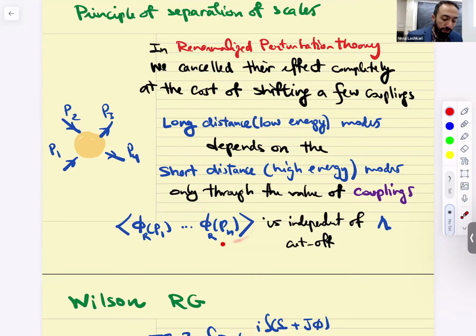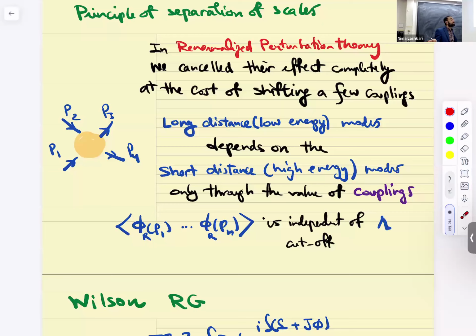Said differently, if you look at the renormalized n-point function of the renormalized field, this thing is independent of the cutoff. So in a sense, if the UV physics doesn't matter, the integrals don't matter, why just integrate over them?